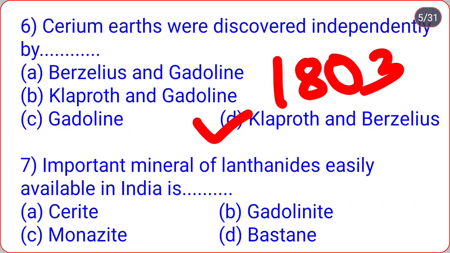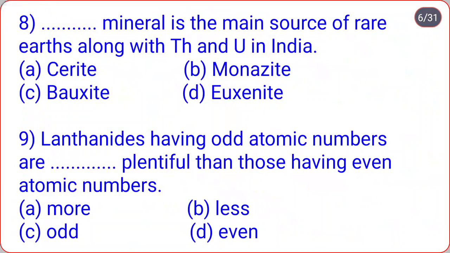Important mineral of lanthanides easily available in India is cerite, gadolinite, monazite, bastnasite. So the correct option is C, monazite. Dot dot mineral is the main source of rare earths along with thorium and uranium in India.